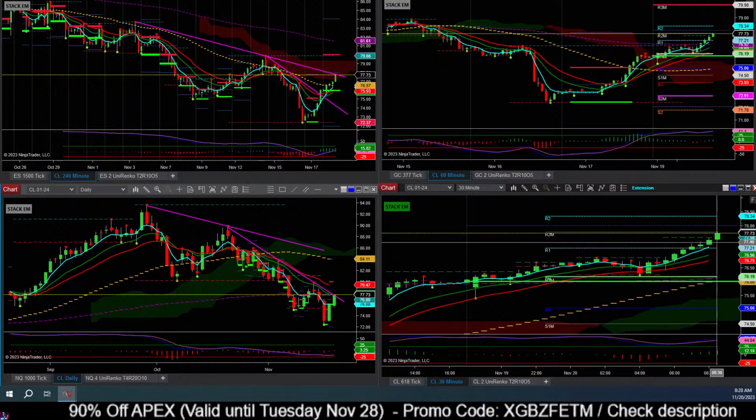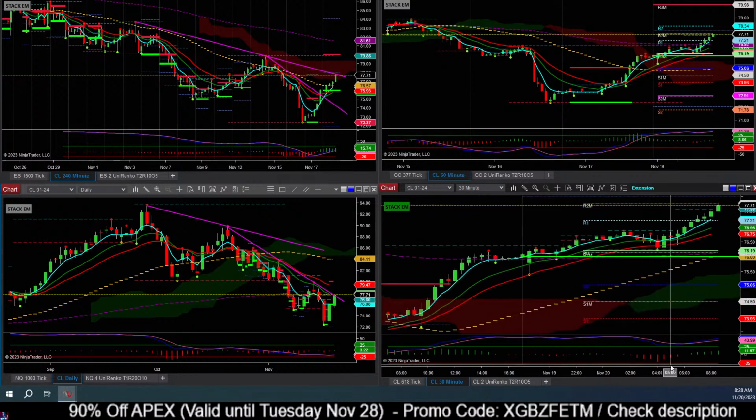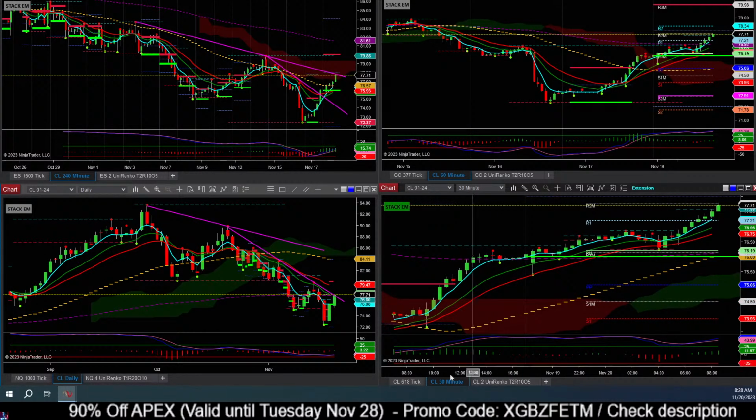Moving nicely to the upside, a little bit extended on momentum, but really nice move. And now it's crossing the daily to the upside. Okay.